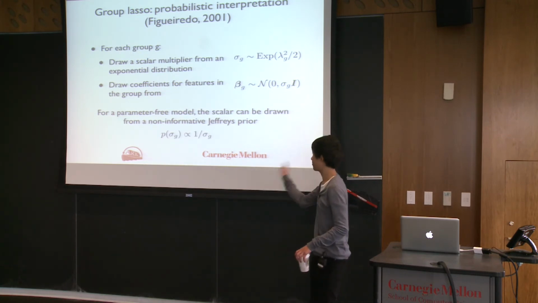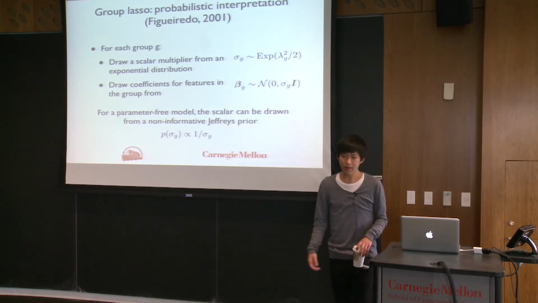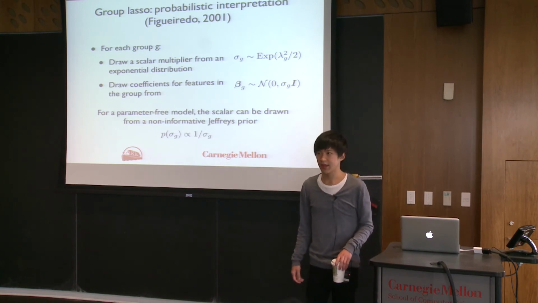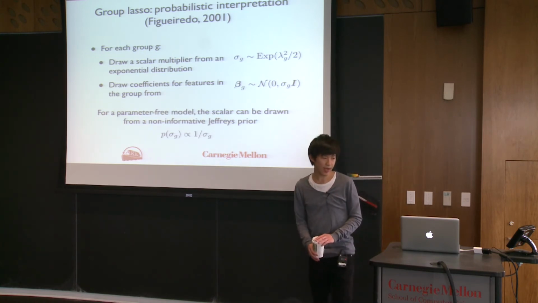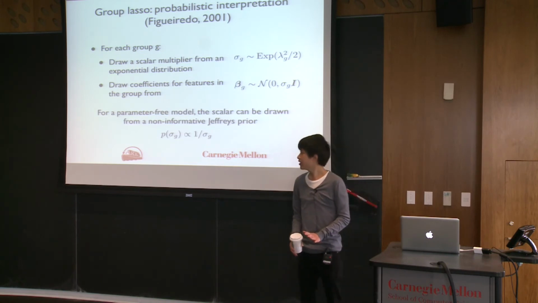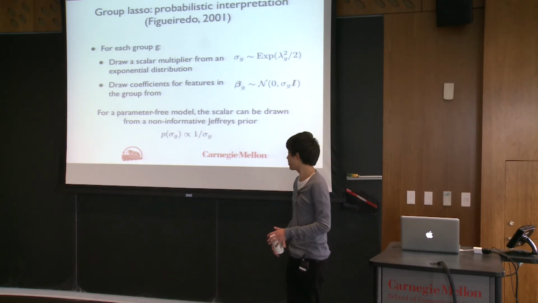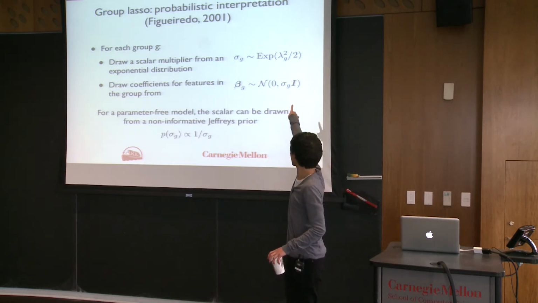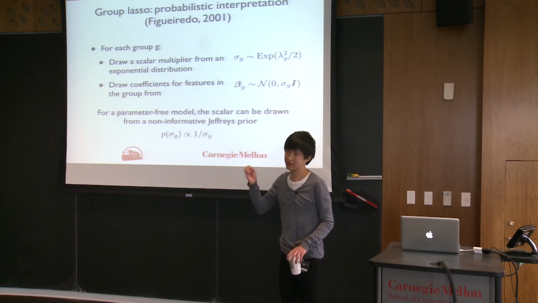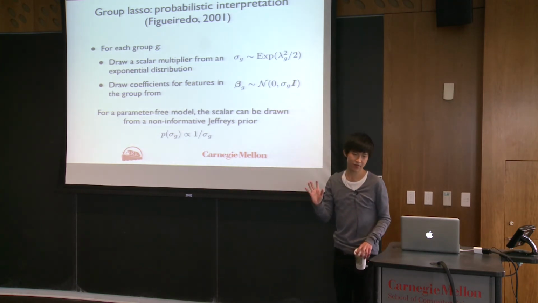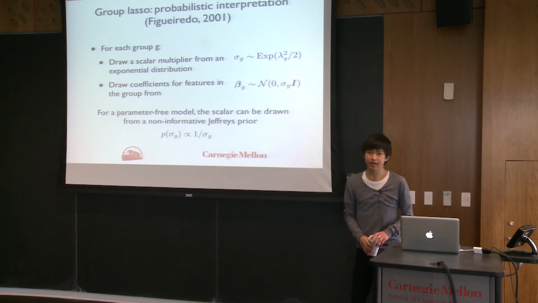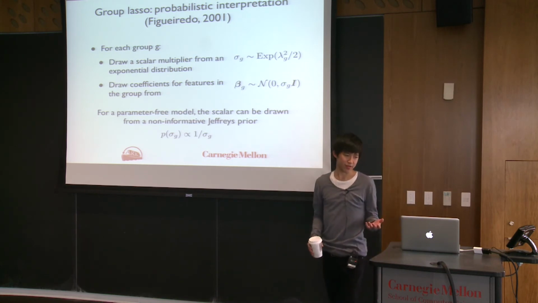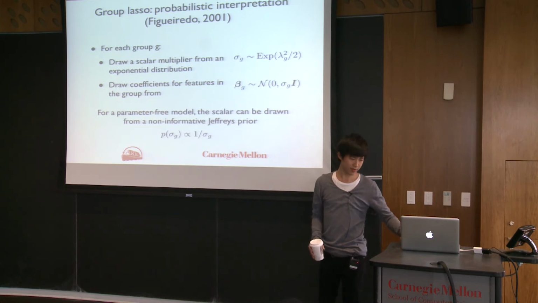Of course, this is improper and uninformative, but they showed that you still get good results and still get sparsity. More importantly, you don't need lambda anymore, so you don't need to tune a hyperparameter. This eliminates the need to tune one more hyperparameter. So that's group lasso.